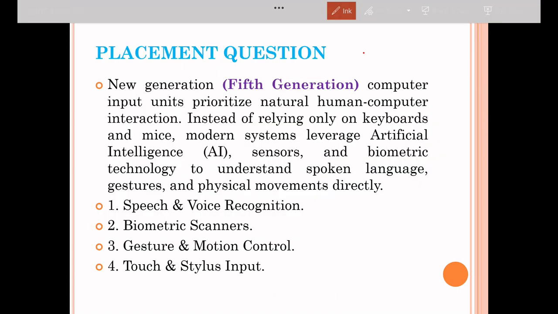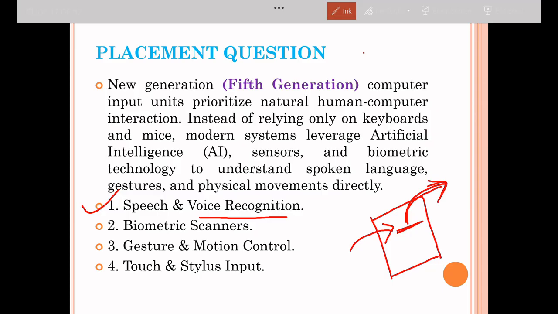Here the input unit is speech and voice recognition. So you can see that you are using a computer or mobile phone, then you are speaking, and your Alexa is translating this speech to text, okay, and text to image or video, or opening any websites. So speech is also an input unit.